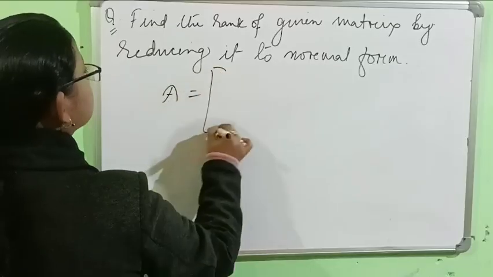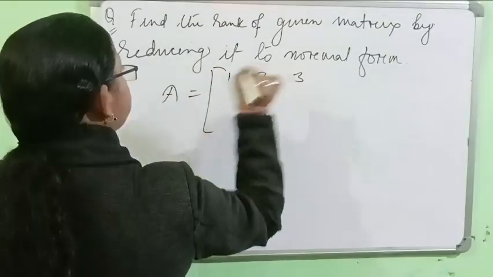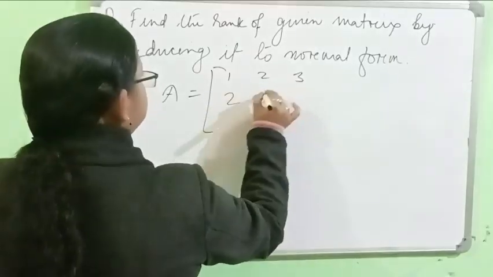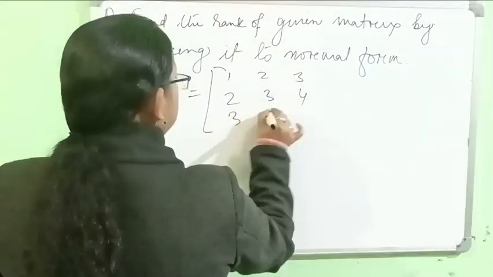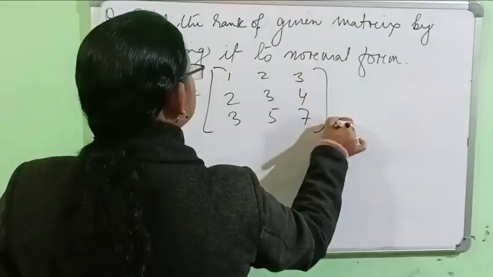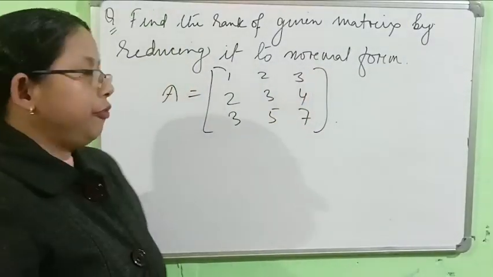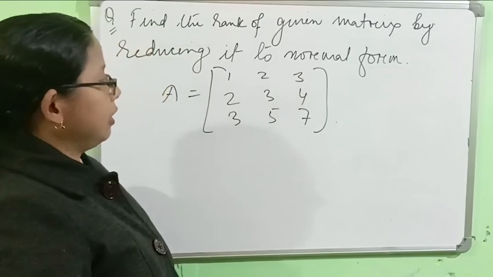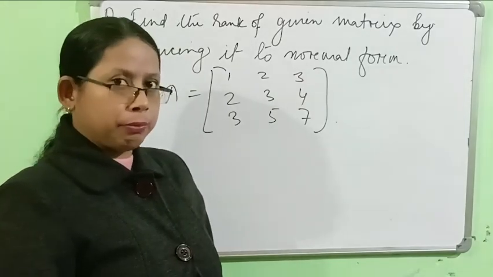The matrix is 1, 2, 3, then 2, 3, 4, then 3, 5, 7. We have to find the rank of this matrix by reducing it to normal form.